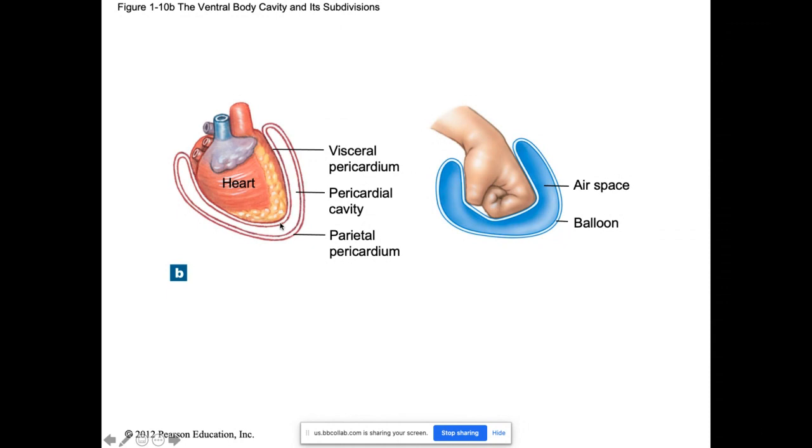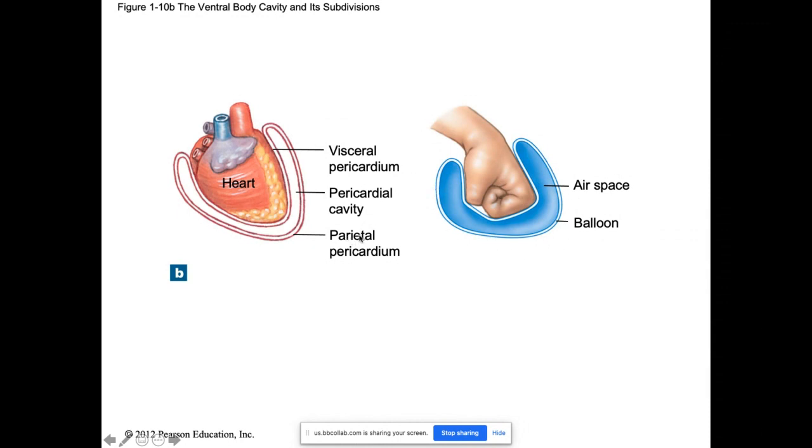Now, if this was the heart coming into contact with the balloon, this layer, the heart is the viscera, that's the organ. This is the visceral layer. The visceral layer, or visceral pericardium. But then there's the layer on the outer portion that actually touches the other part of the cavity.